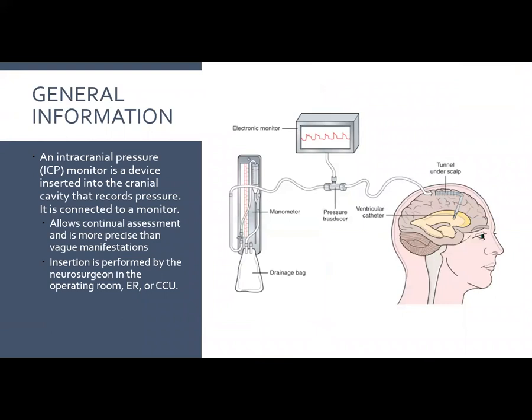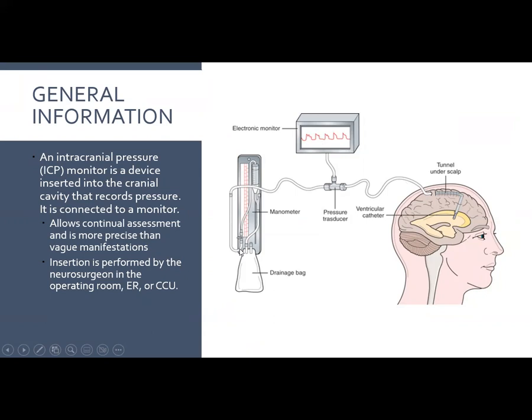So an intracranial pressure monitor, or ICP, is a device that's inserted into the cranial cavity that records pressure. It is connected to a monitor. So on here, you can see where it actually goes into the ventricle catheter, where it's going into the ventricle, and then it's tunneled up under the scalp and then goes through this pressure transducer here, which shows our electronic monitor and into the actual drainage system.